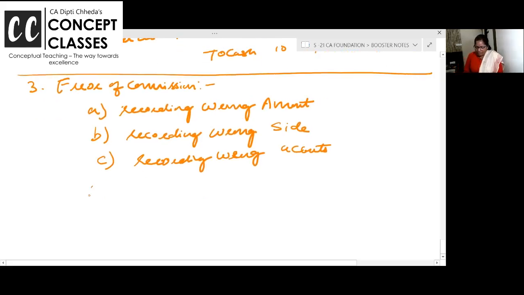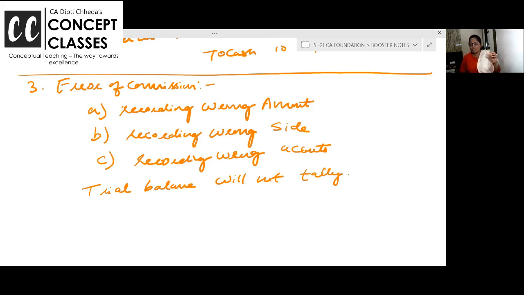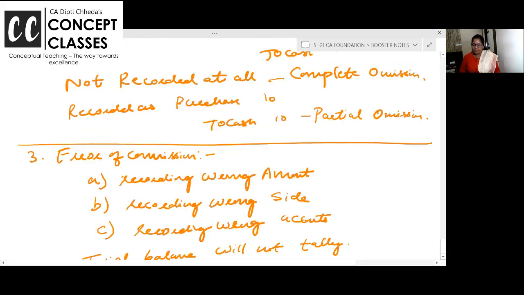Okay, error of commission के केस में trial balance will not tally. So there are types of errors, and in exam they are asking true and false questions, many things from this.